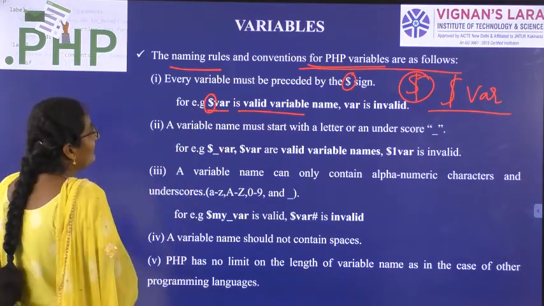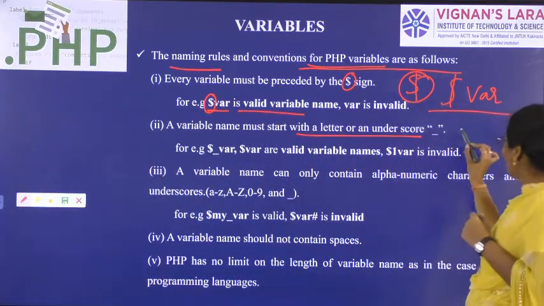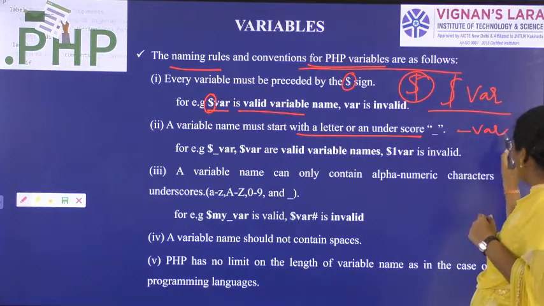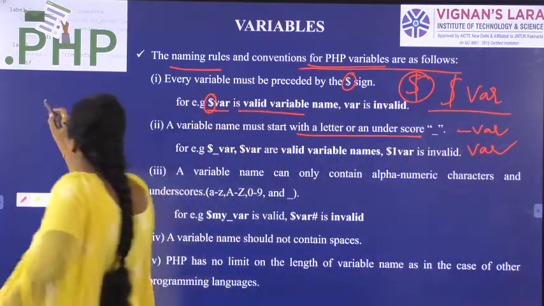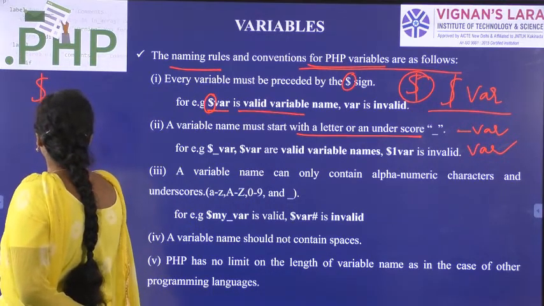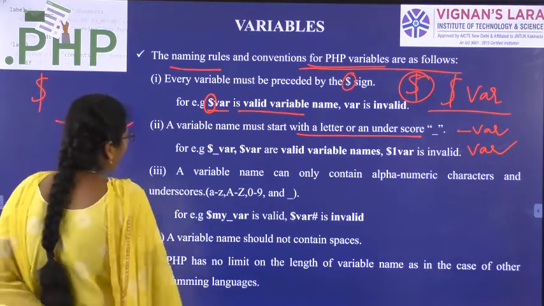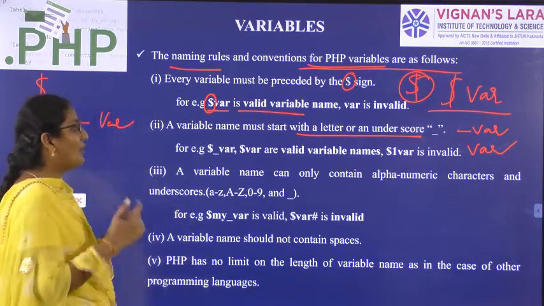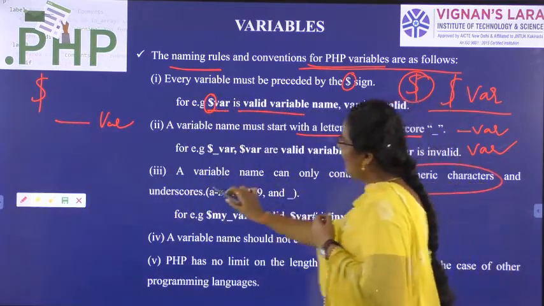Next, a variable name must start with a letter or underscore. So you can start with _var or directly with var. First thing, a variable should have a dollar symbol before it. Second, the variable name should start with an underscore or any letter. Third point, a variable name can only contain alphanumeric characters and underscores.